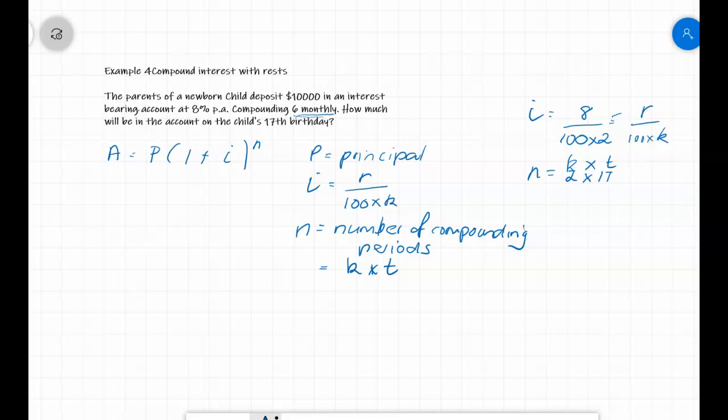All right, so let's come back to our actual problem. The amount is going to be equal to 10,000 times 1 plus. Now I need to do the actual maths for this. If I put that in, for this case, that's going to be equal to 0.04.